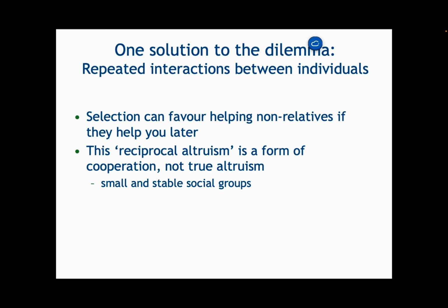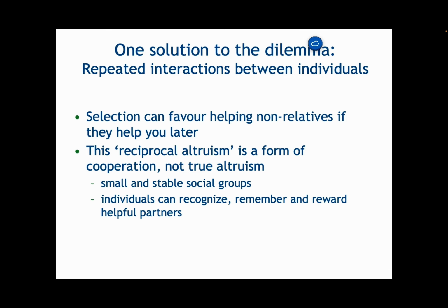So, for example, if individuals live in fairly small and fairly stable social groups, and I guess I didn't put it on the slide, but also if individuals are relatively long-lived, all of these things make it more likely that you will have many, many interactions with any one particular individual. You'll keep seeing this person, not just today, but also tomorrow, but also next week, and an unknown amount of time into the future. The more likely you are to have many, many repeated interactions with the same individual, the more it pays you to be nice to them, yeah?